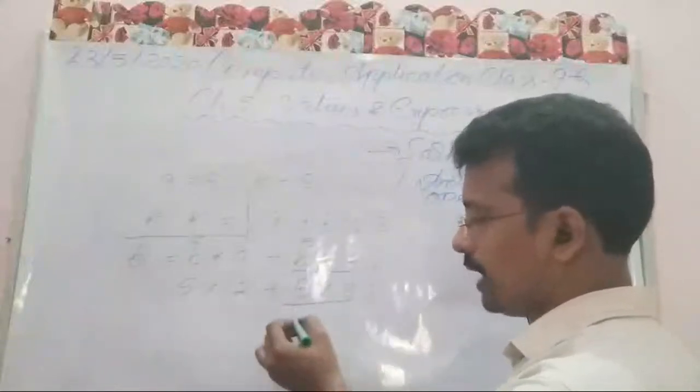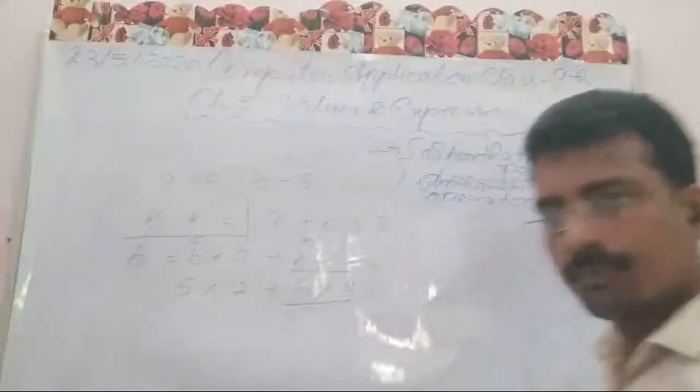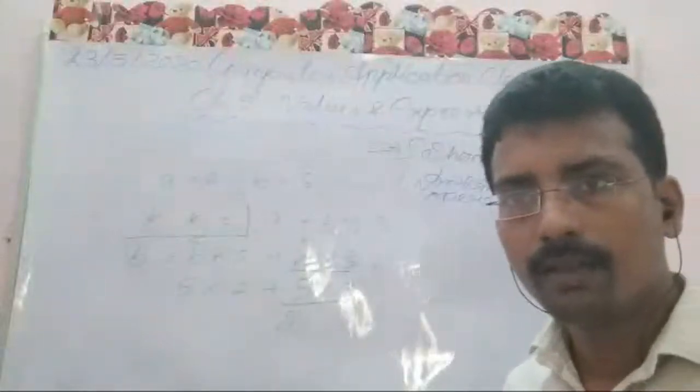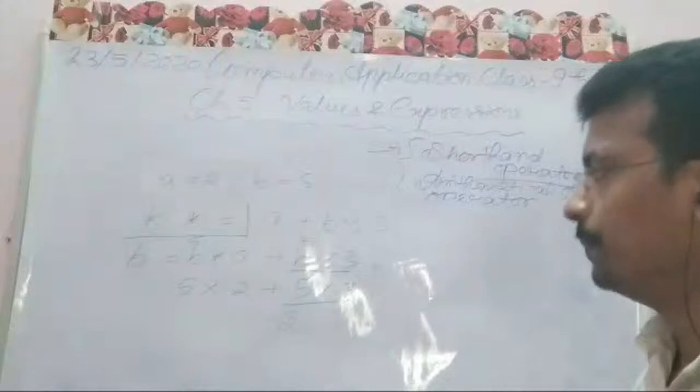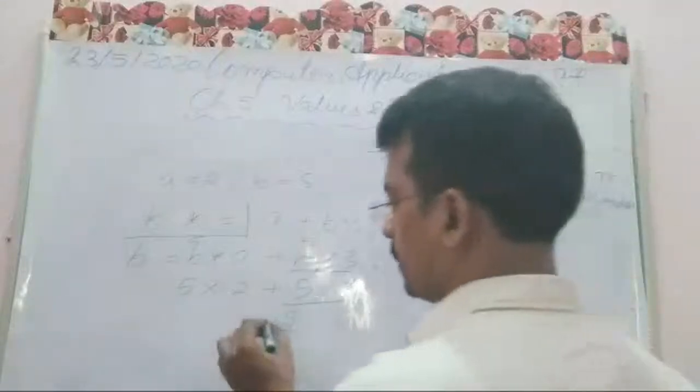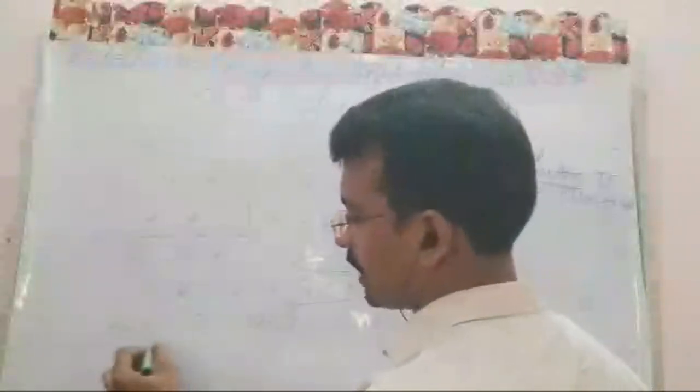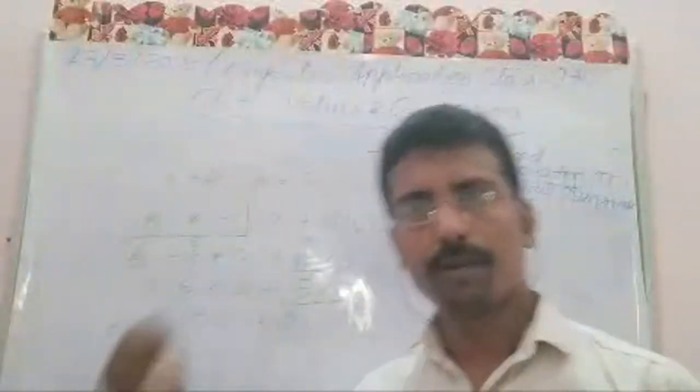So 5 mod 3, the remainder will be 2. Is it correct? Can you guess the result? 5 mod 3, result will be, yes, 2, the remainder. Plus 5 into 2, that is 10. So the new value of B becomes 12. This way you have to do it stepwise.